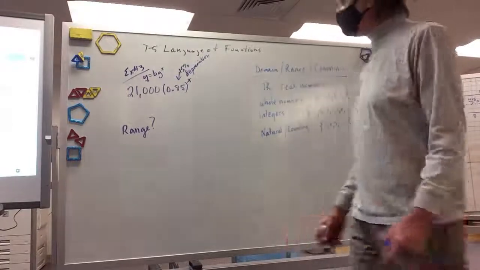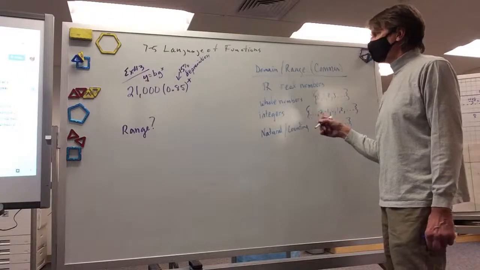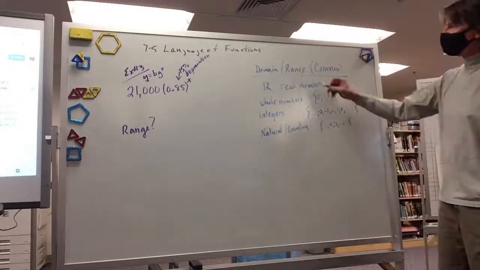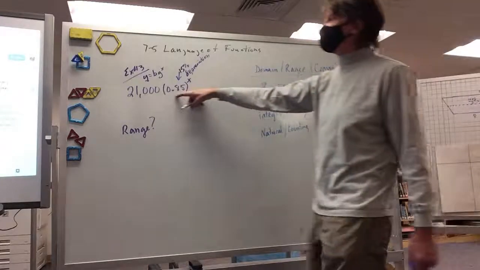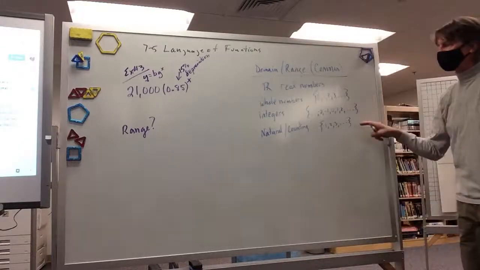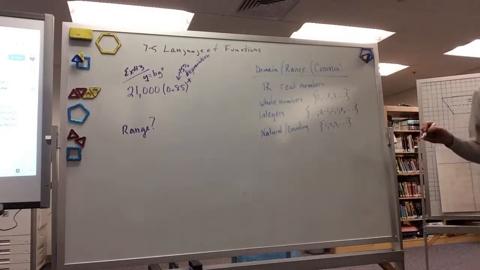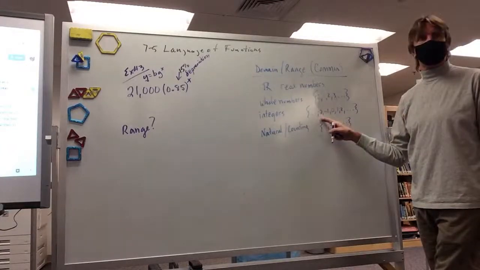So the range are all of the possible output values. So where do you think the numbers are going to lie when we do this year by year? Are those reals, are they wholes, are they integers, are they natural and counting numbers? Let's start out. Can they be negatives, you think?